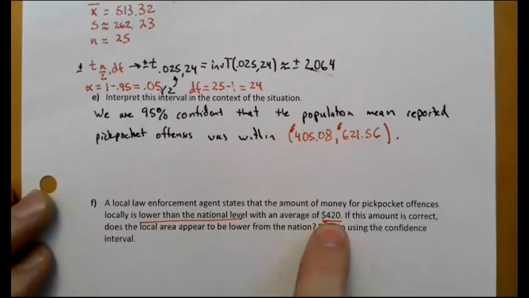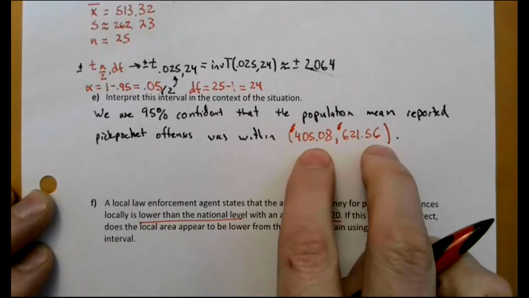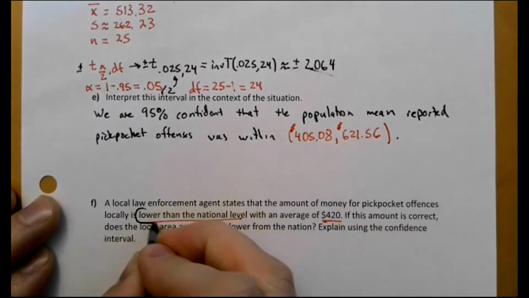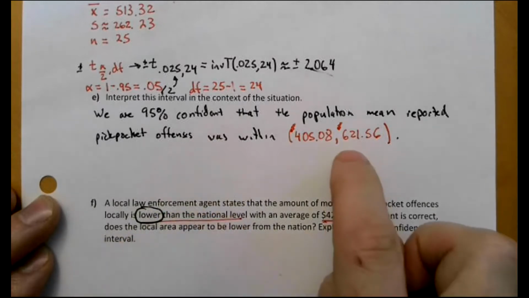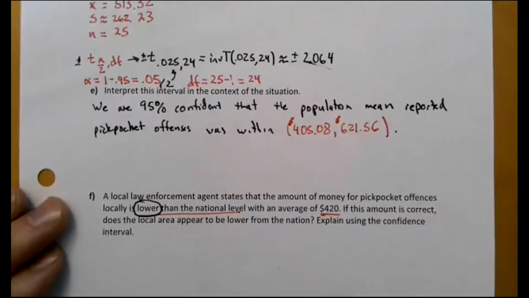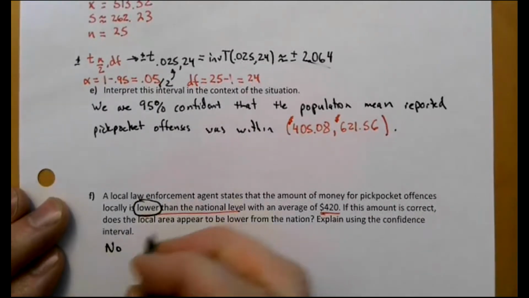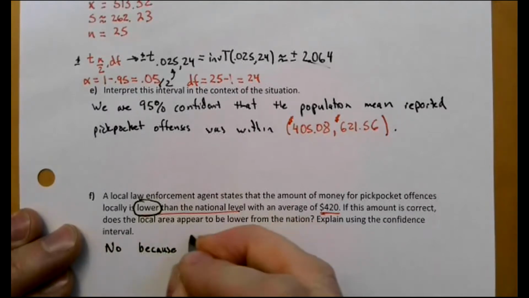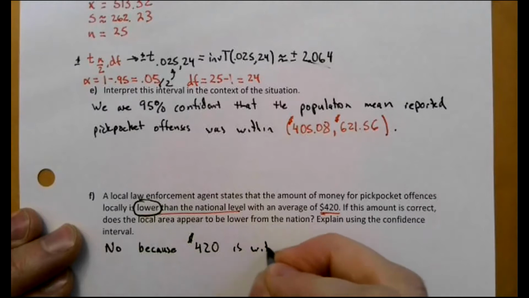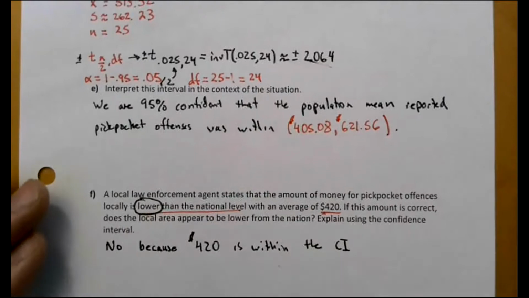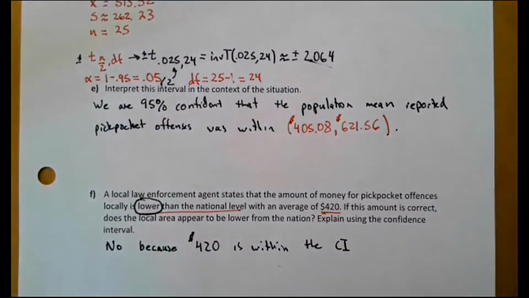Well, first note that 420 is within the interval. And we claimed that our local amount stolen is less than the population amount. So we're going to say no, because 420 is within the confidence interval, which means that the national amount stolen could actually be lower than this.